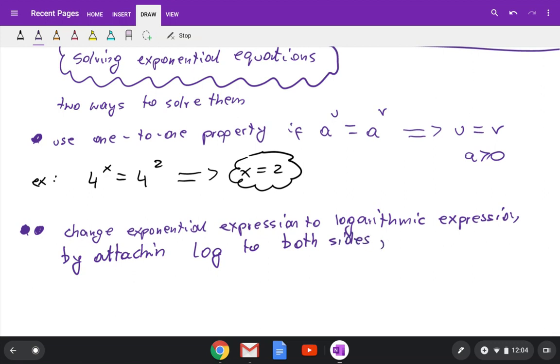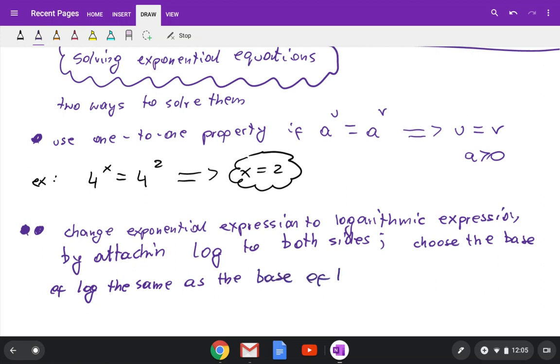Let me write a note. Choose the base of log the same as the base of the exponential expression.